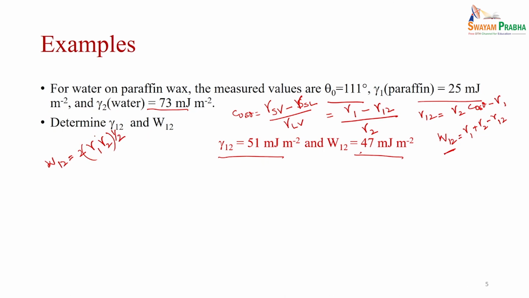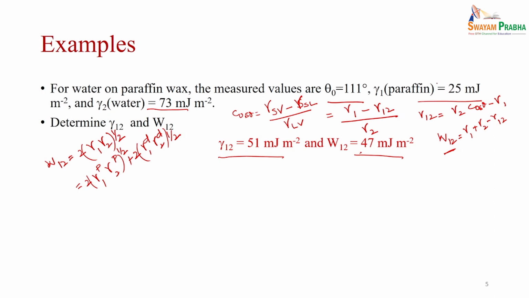Now, we discussed that surface energy has both polar and dispersive components. So, it was 2 into gamma 1 p gamma 2 p to the power half, plus twice of gamma 1 d, dispersive, gamma 2 d, dispersive, to the power half.